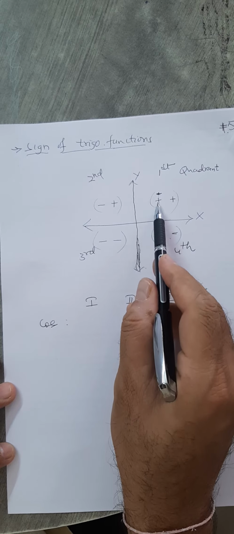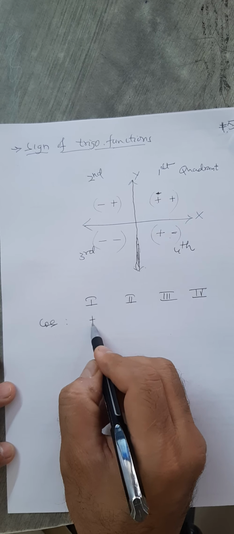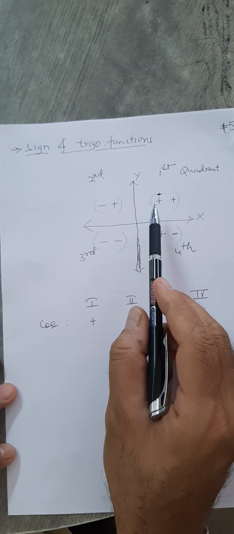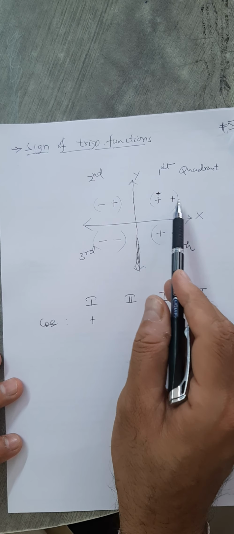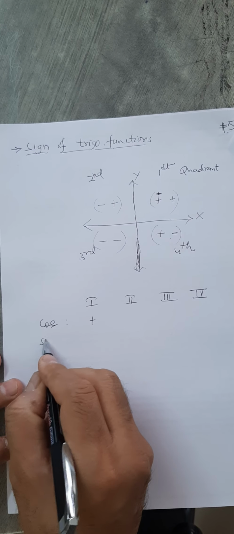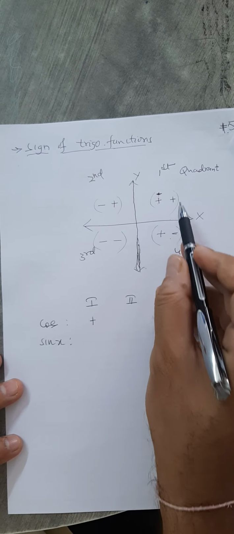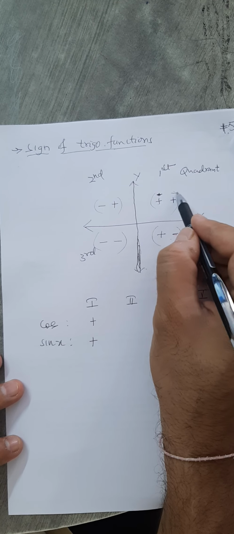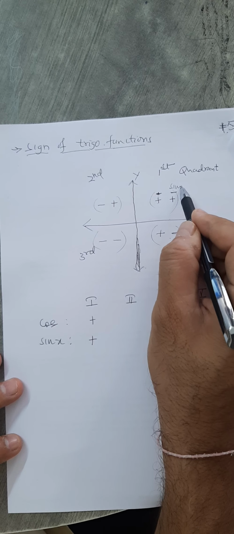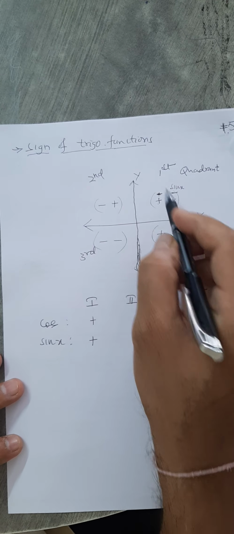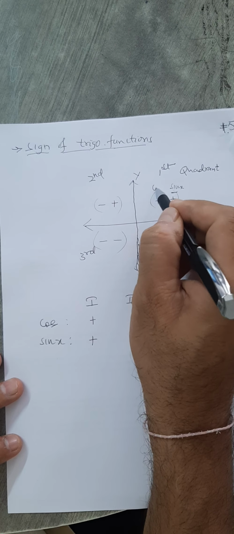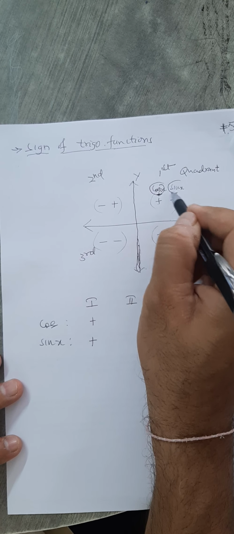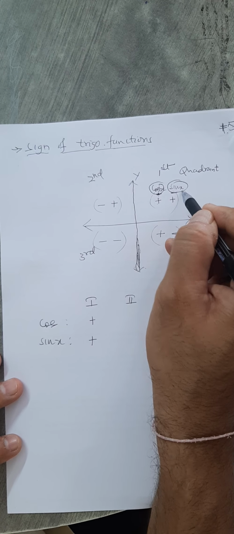So cos is positive in the first quadrant. What about the sine function in the first quadrant? It is also positive, because this represents the sine function, sine x. If you imagine the unit circle and arc length x, this is cos x. So cos and sine both are positive in the first quadrant.